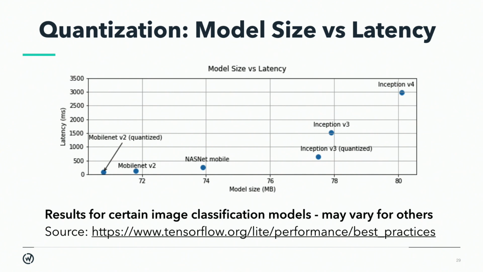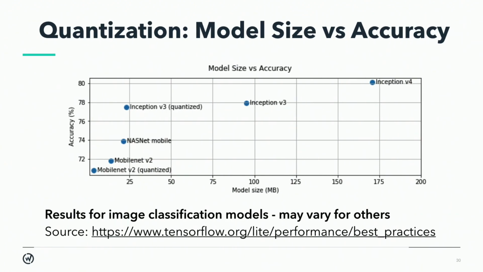The tendency we can see is that usually with larger model size, there's going to be larger latency, so it means it's going to take the model more time to perform a prediction. Then here's the model size versus accuracy chart. Another tendency we see for image classification models is that with larger size, we also get better accuracy.